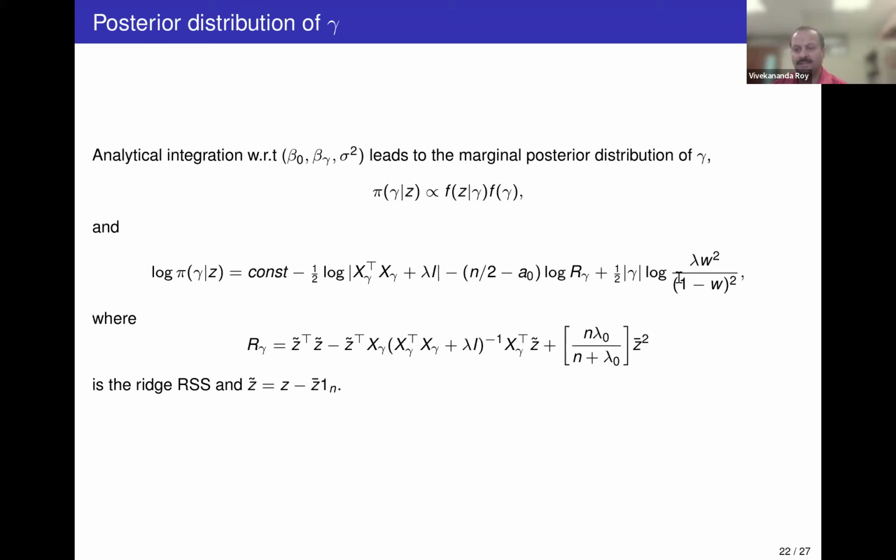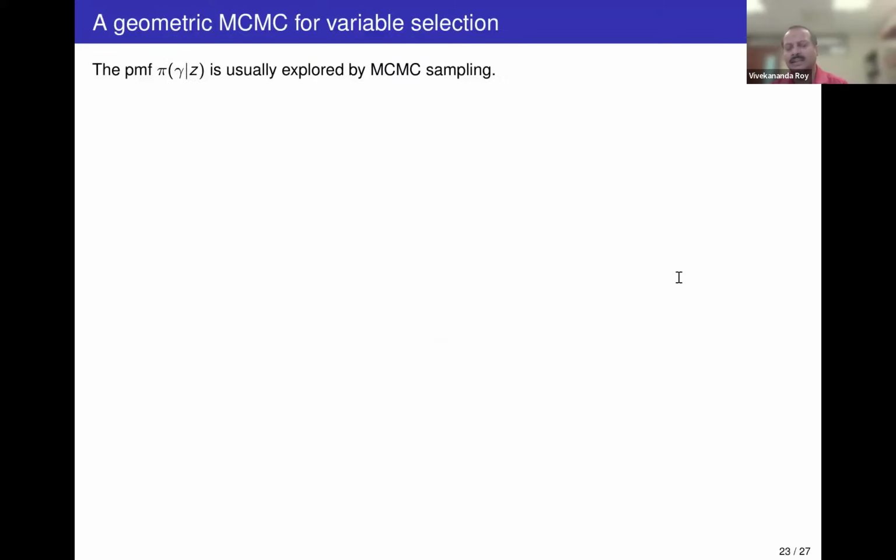Now remember, gamma is a p-dimensional vector, p-dimensional binary vector, discrete space. But the target dimension can be huge, right? It's 2 to the power p, the cardinality. So generally, MCMC algorithms are used to explore this target PMF.